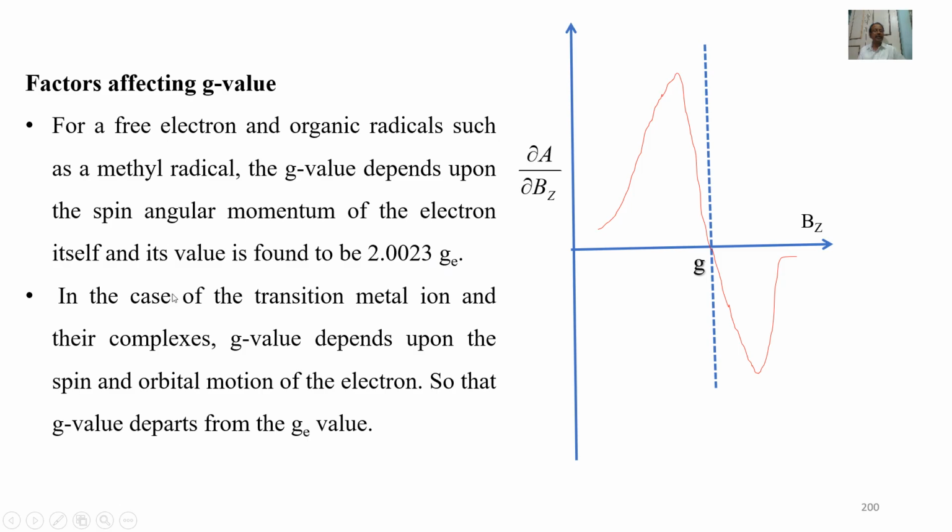In the case of transition metal ions and their complexes, the g value depends upon the spin and the orbital motion of the electron, so that the g value departs from the g free value. So we have the graph of dA/dB, the gradient of absorption, against the magnetic field B on the x-axis, where it cuts the x-axis, that will give us the g value.